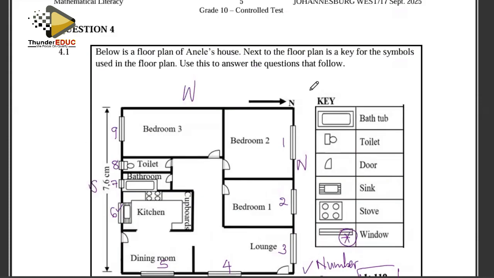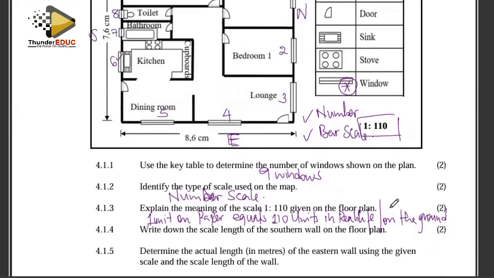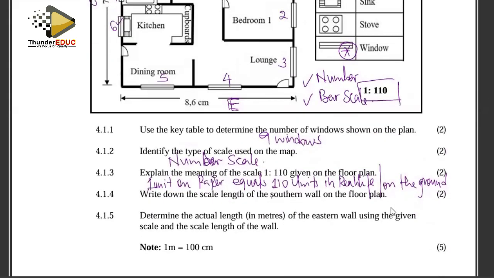Because on the map, the north is this side. Okay, so they are saying write down the scale length of the southern wall. You can write it as 7,6 centimeters. You see that? Then determine the actual length in meters of the eastern wall using the given scale.